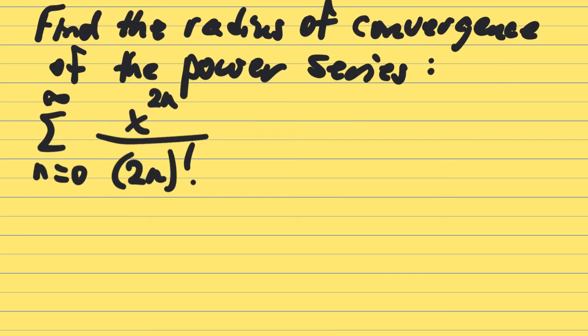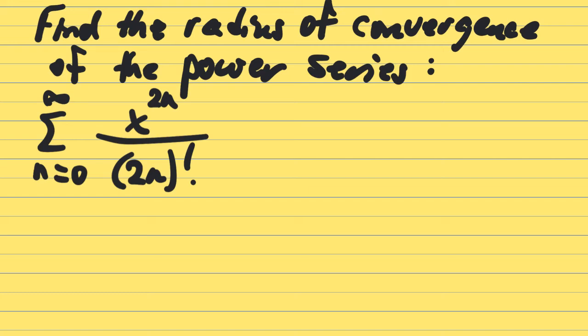Let's look at one more example. This is also finding the radius of convergence. We're going to bring in a factorial just as a nice reminder of some of the problems we've done in the past. As far as the original setup, still the same thing. We're going to take the absolute value. We're going to do a sub n plus 1 over a sub n.